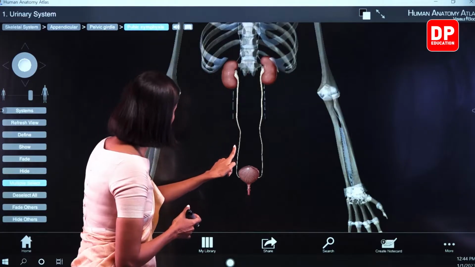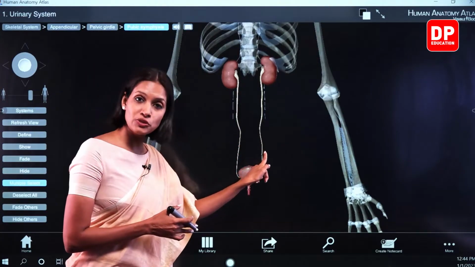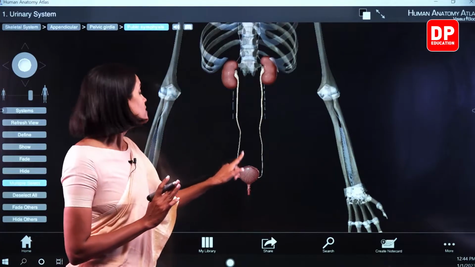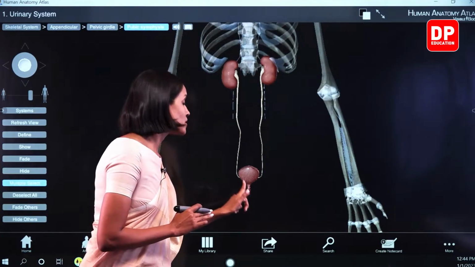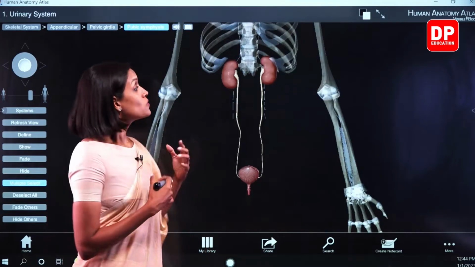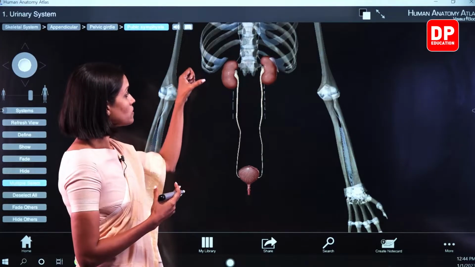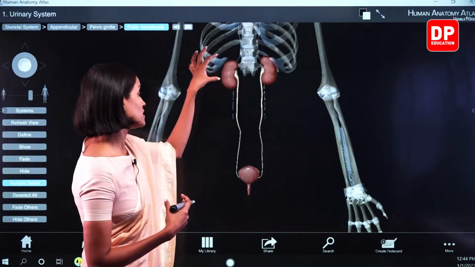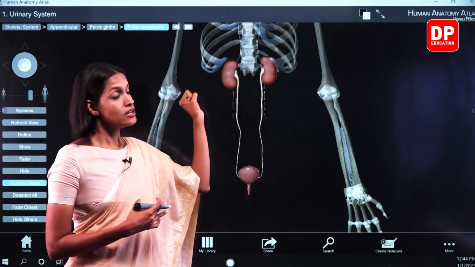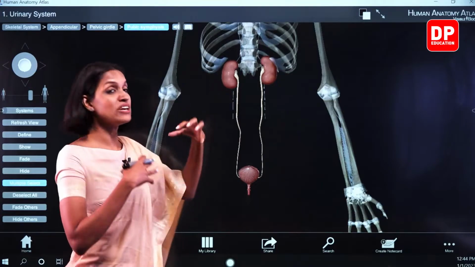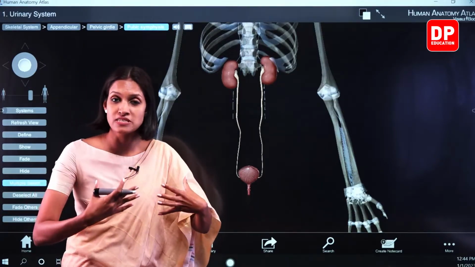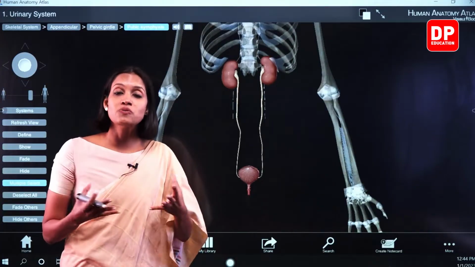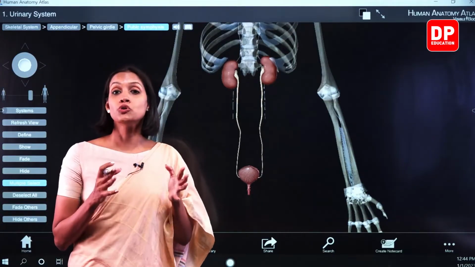So in that case, this is the right kidney, left kidney. This is the right ureter, this is the left ureter. This is the bladder, only one bladder is there. Therefore, this is the urethra. So what happens, children? All the harmful waste materials are brought to the kidneys by blood. So kidneys can filter the harmful substances or the waste materials, and that mixture of these waste materials is known as urine.